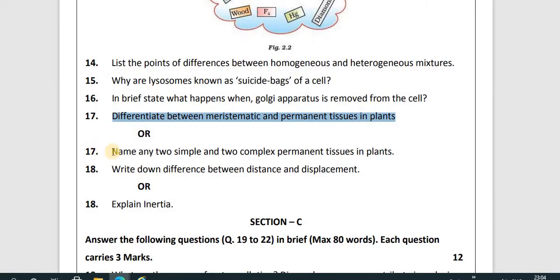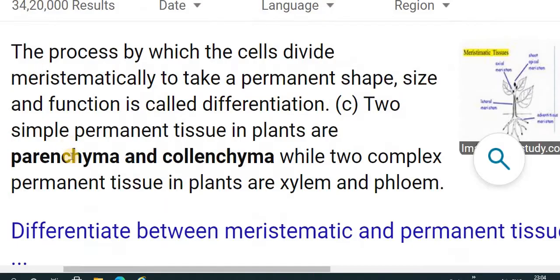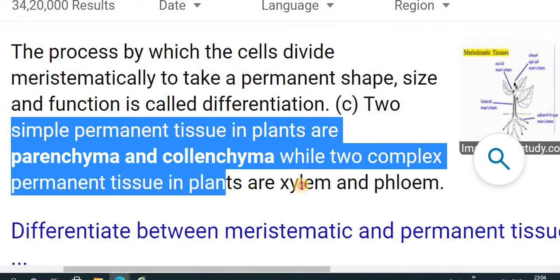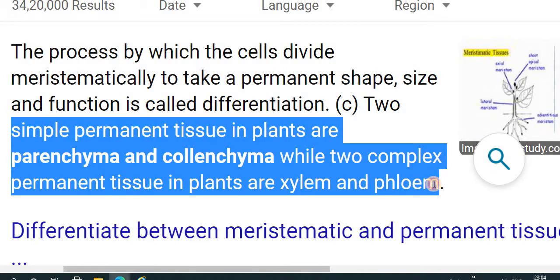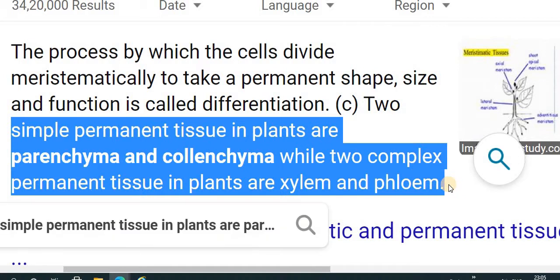Let's see the next question of number 17. Name any 2 simple and 2 complex permanent tissues in the plant. If we are talking about simple permanent tissue, then parenchyma, collenchyma and sclerenchyma come under simple tissue.